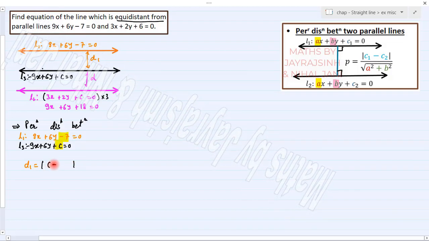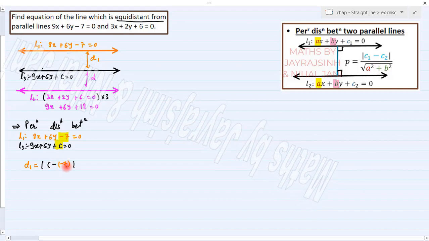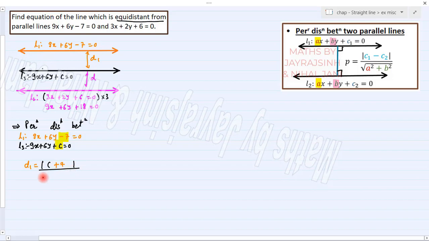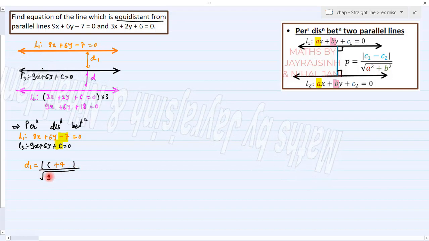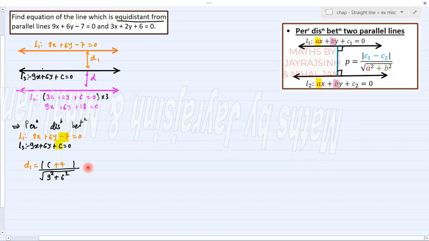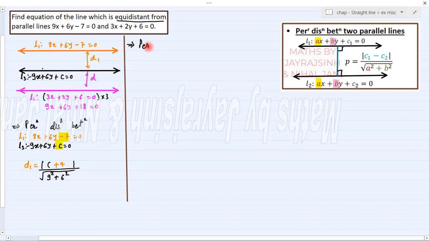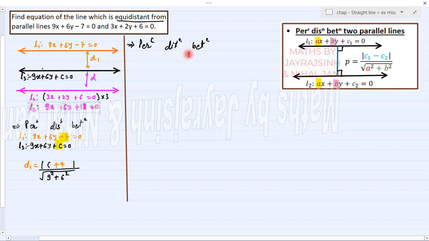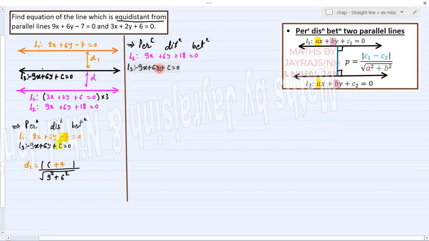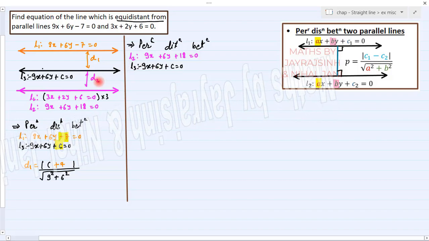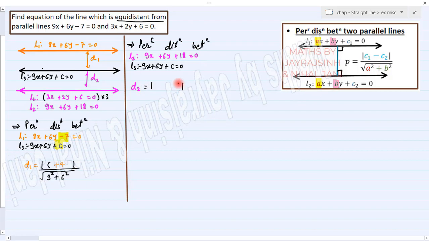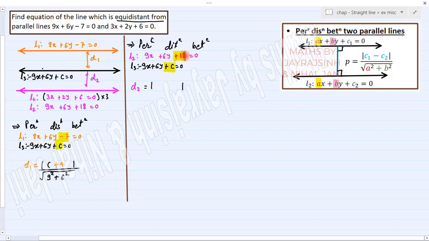So it will be c minus minus 7, or we can say c plus 7, upon under root of common coefficient of x square plus common coefficient of y square. Similarly, the perpendicular distance between line L2 and line L3 is denoted by D2. So in the numerator, take the difference of constant terms.